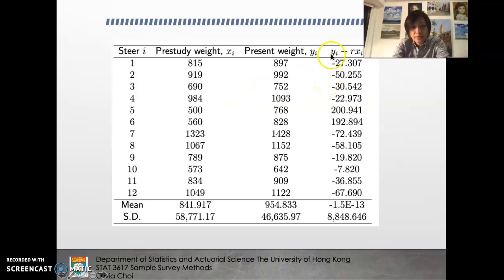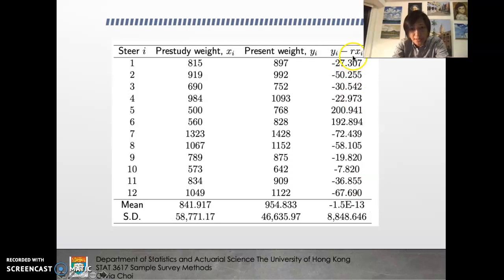Then we can calculate a new column called Yi minus R, the R that we just calculated, multiplied by Xi. We create the entire column and calculate the mean, and we find that this mean would usually be equal to 0.